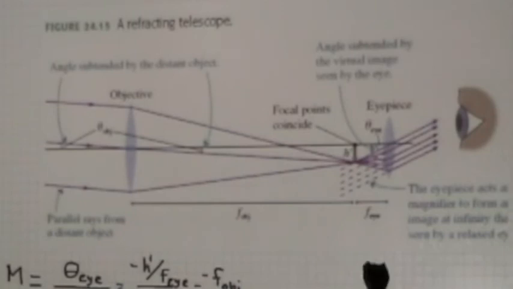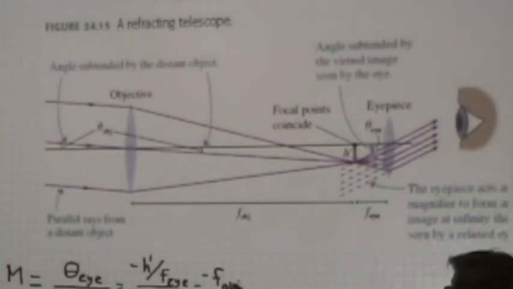So if you want a big focal length, you need to have a big radius, right? So that's why a telescope would be so open on that side, and you want to have as small as possible focal length for the eyepiece. So that's why when you look at a telescope, you're looking through a small hole.